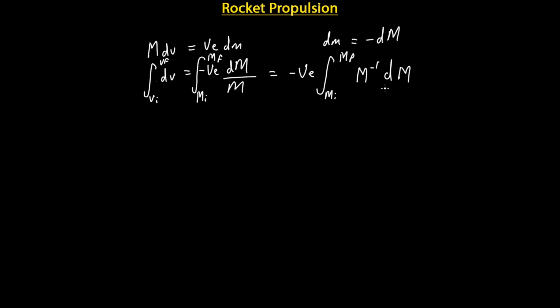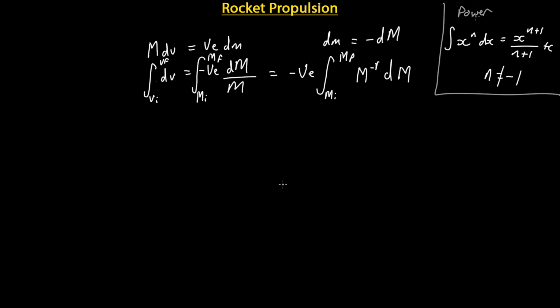Now, what we have to do here, we can't use the power rule for integration, and the power rule is written like this. So x to the power of n dx, the integral of that is equal to x to the n plus 1 divided by n plus 1 plus c. So this cannot work when n is equal to -1.